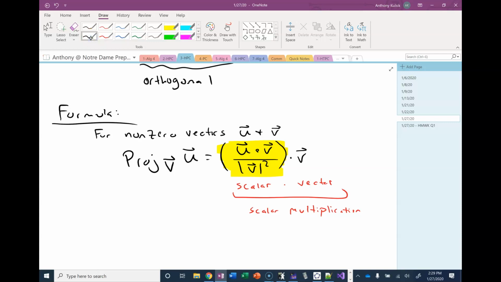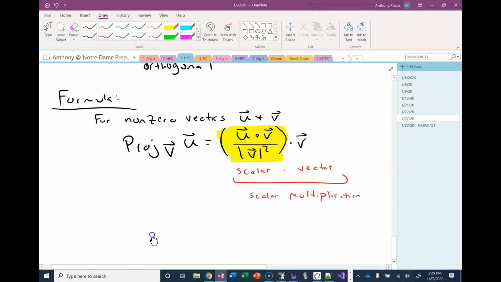Let's do a numeric example to help solidify things, okay?